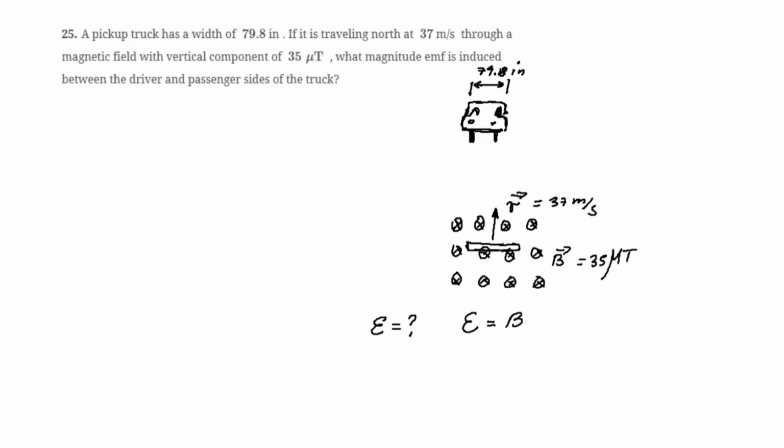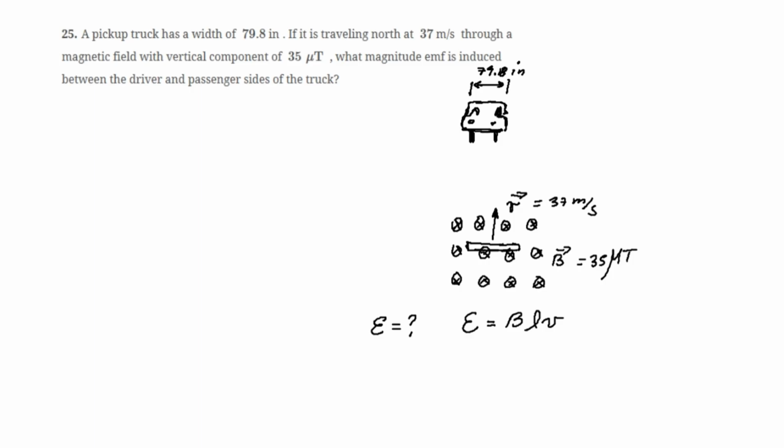So intensity of the field times the length of the bar that is moving times the velocity of that bar. So this is the equation to calculate the induced electromotive force between the driver and the passenger.